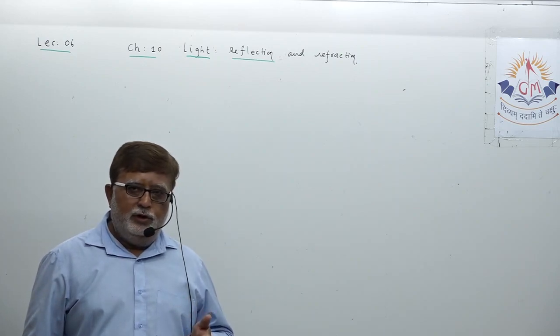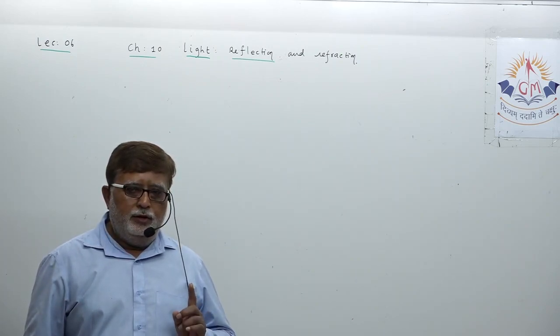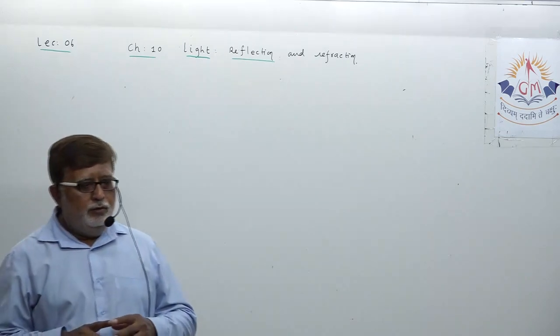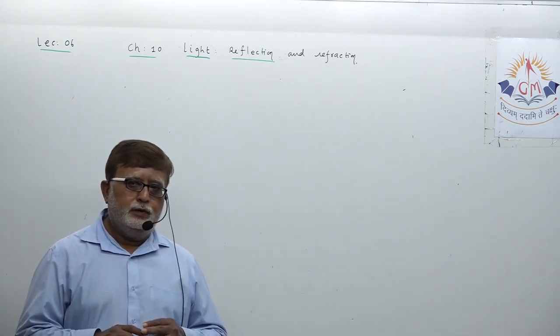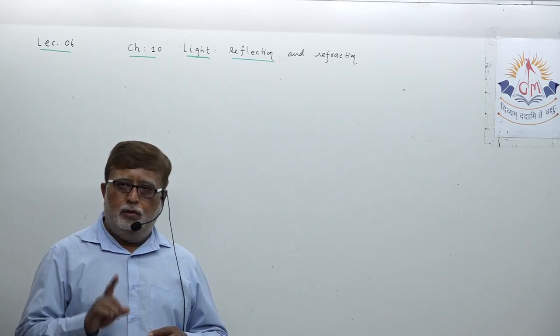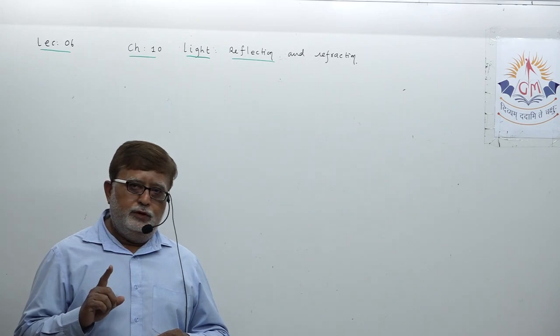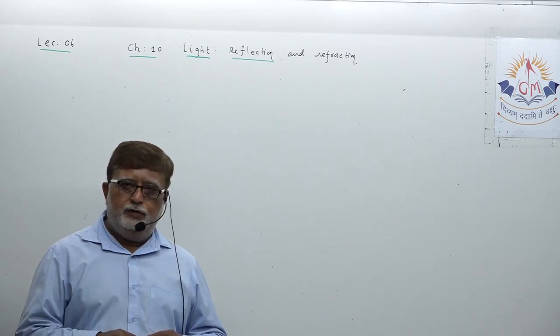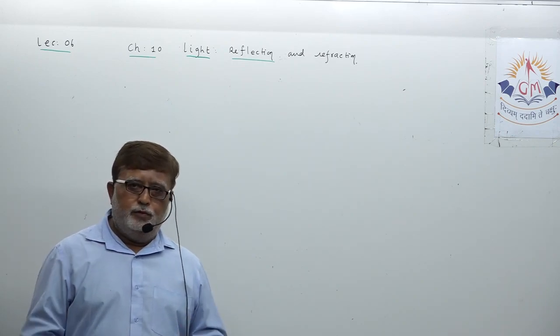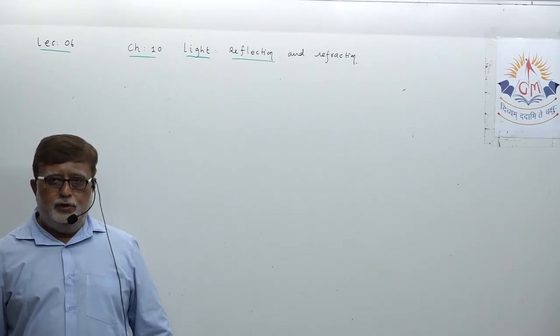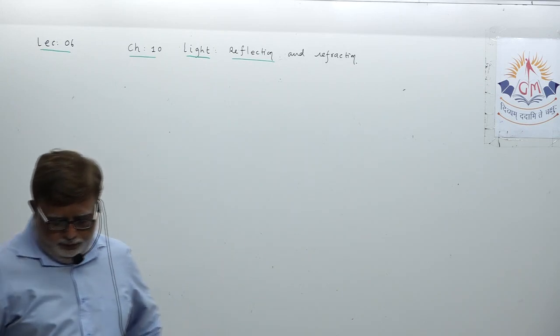One thing is clear in your mind, that in a convex mirror, focal length is always positive, V always positive, M always positive, H dash always positive. Let us verify this particular example first.